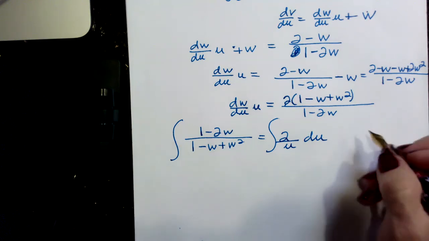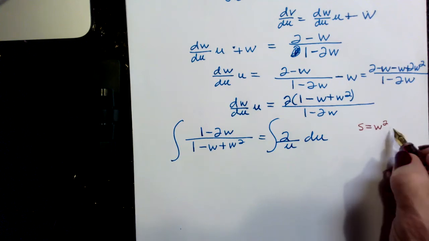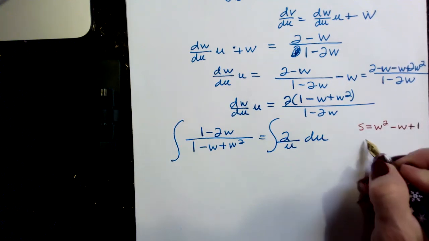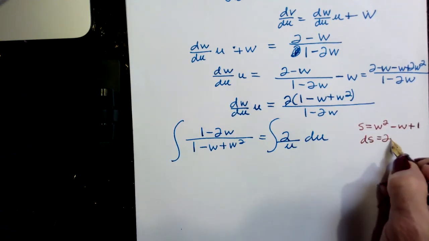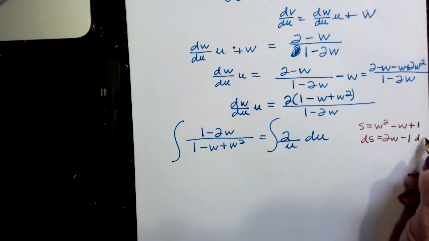Over here, we do a quick little substitution. Let's let S, yeah, we haven't used S. So let S be W squared minus W plus 1. Then dS is (2W minus 1) times dW.